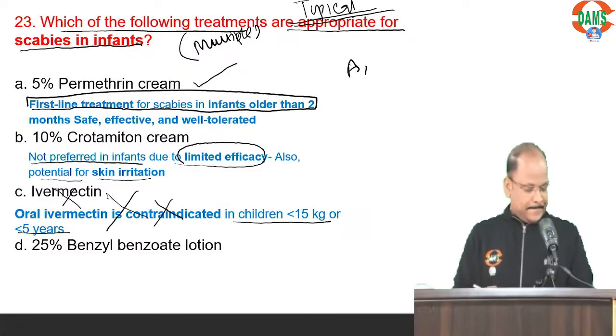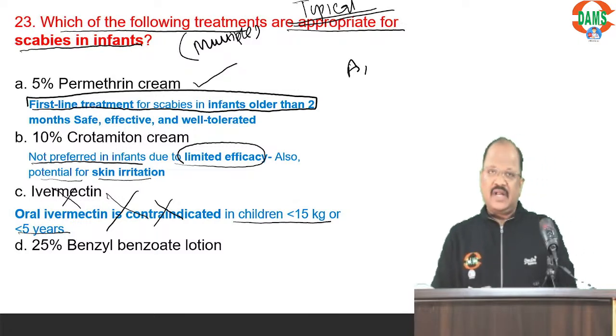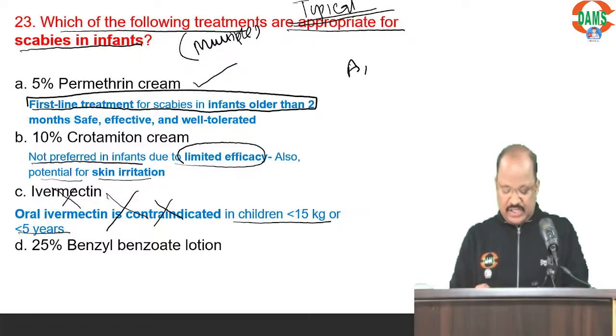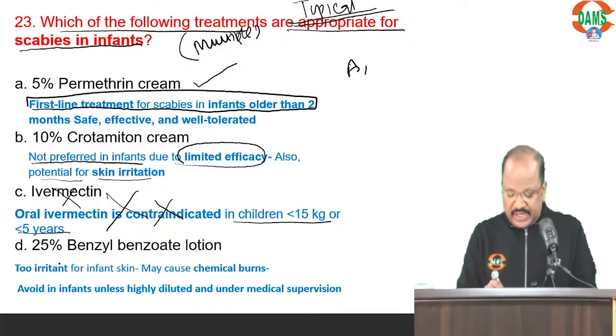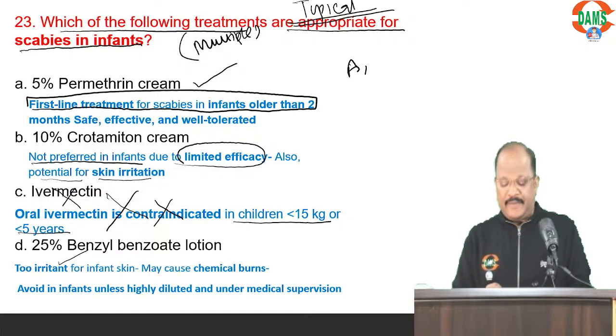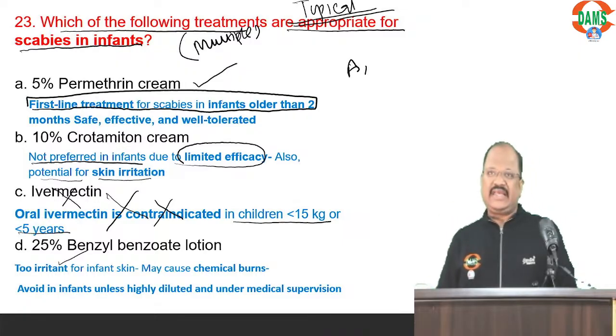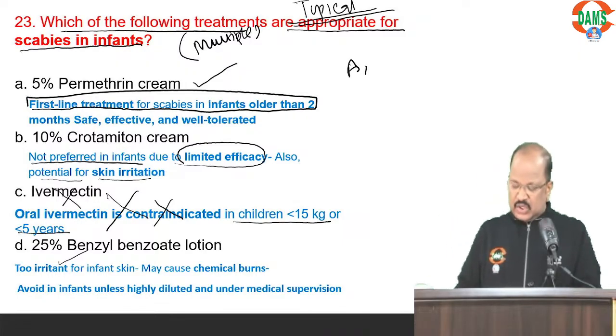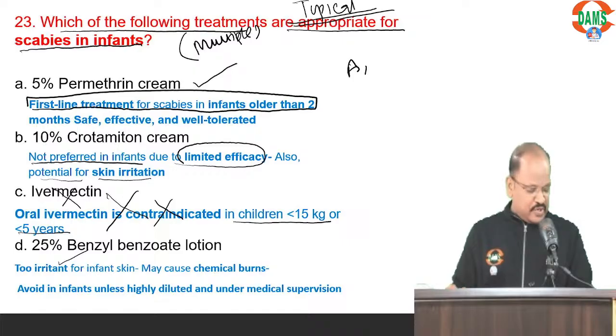And 20% benzyl benzoate can be useful, but it is too irritant, that too for a baby, and may cause chemical burns. Avoid in infants unless highly indicated; if you want to go for it, give under supervision.